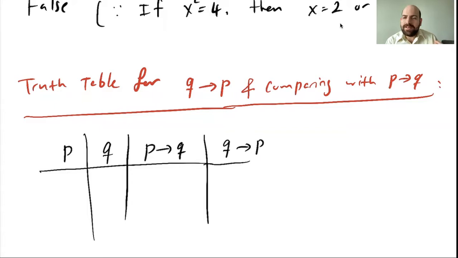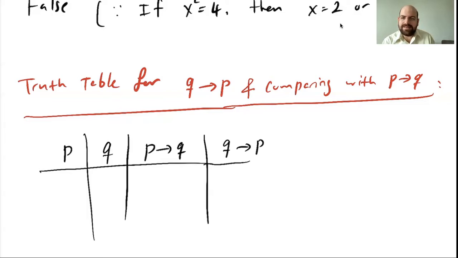So the examples that we have seen so far indicate that P implies Q and Q implies P are not equivalent with each other, meaning that in a certain situation, one of them could be true, but the other one could be false. Right?